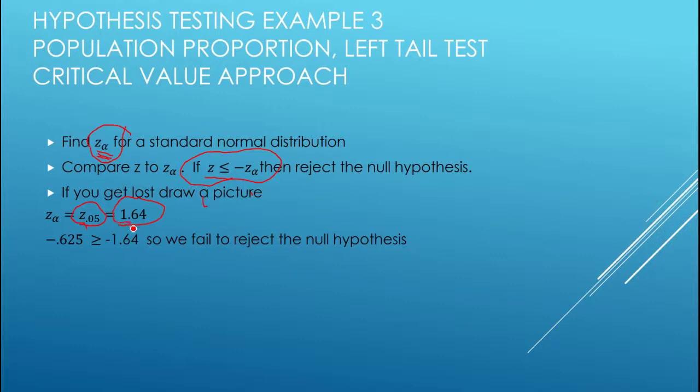But because the distribution is symmetric, I could take the 1.64 that I looked up in the table and just multiply it by -1. So my critical value here is minus 1.64. The value of my test statistic was minus 0.625. Since minus 0.625 is greater than minus 1.64, once again, not surprisingly, I failed to reject the null hypothesis.